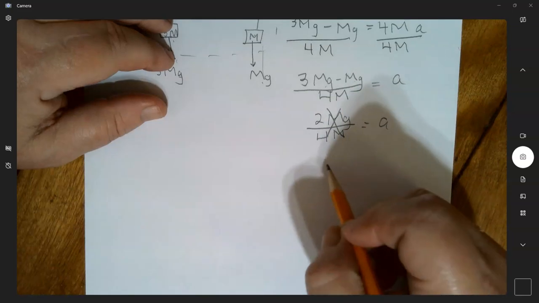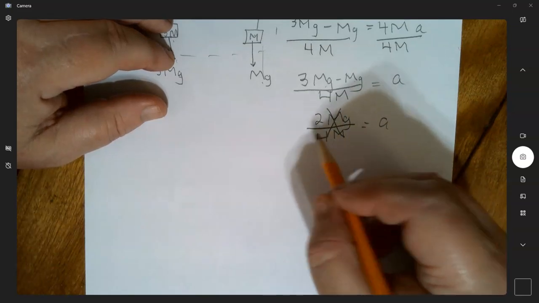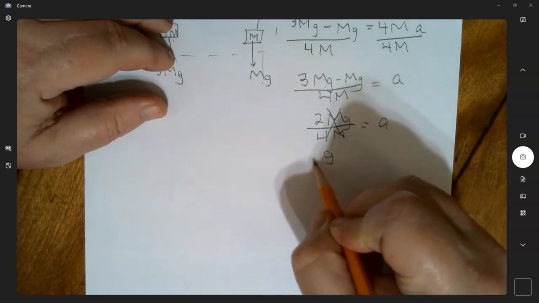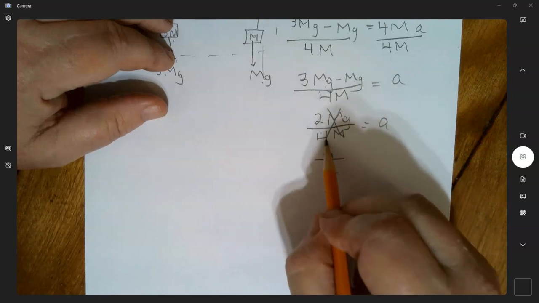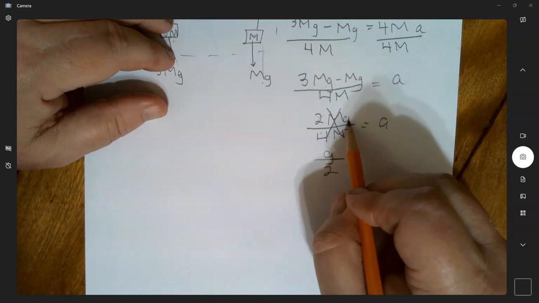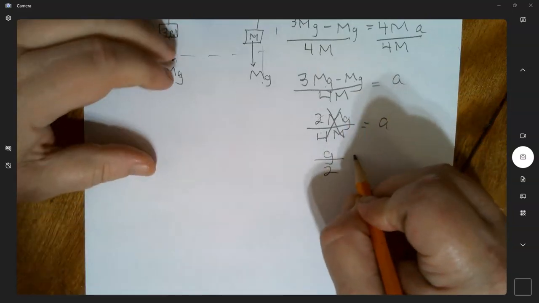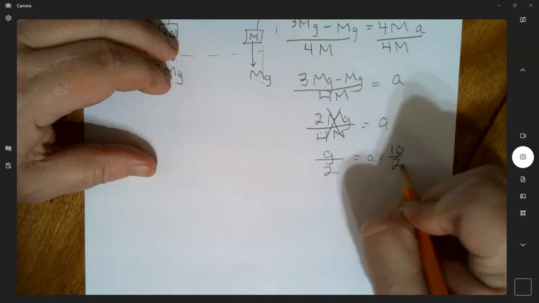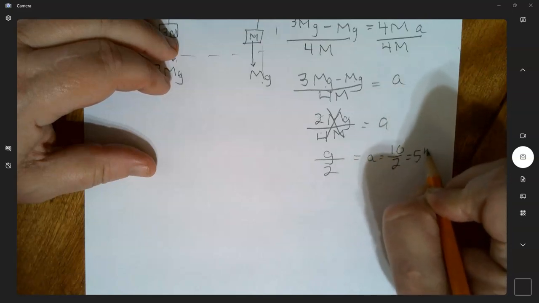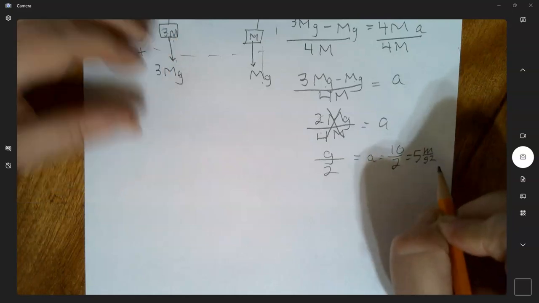Okay, and 2 over 4 is 1/2. So we're going to just call this g over 2. That's 1/2, so that cancels and becomes a 2 down there. And that's g on the top still. So that's going to equal 10 over 2, which equals 5 meters per second squared.